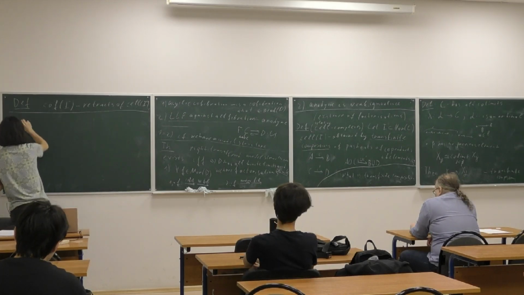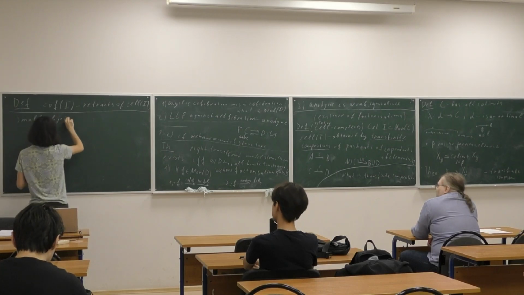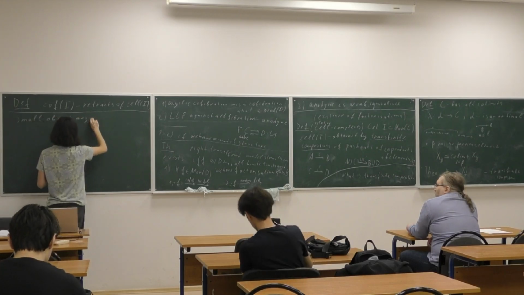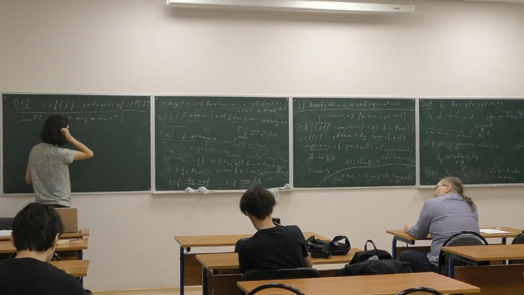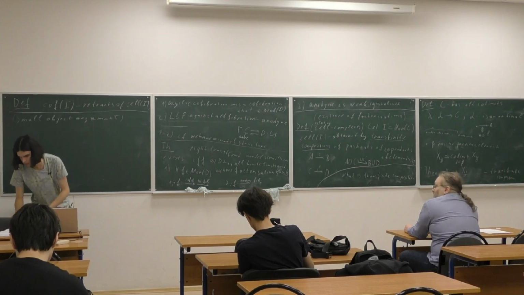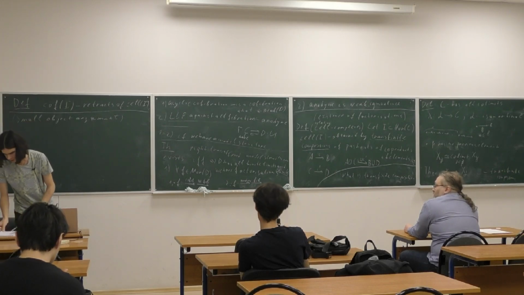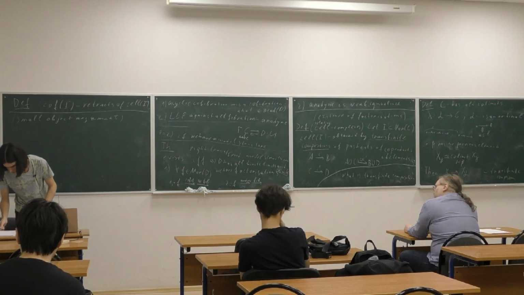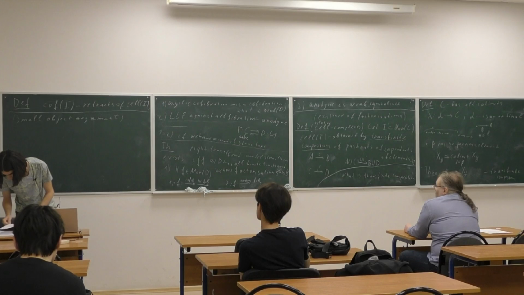Now we will talk about the small object argument. This goes all the way to defining a cofibrantly generated model category.